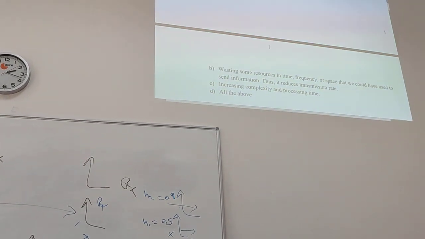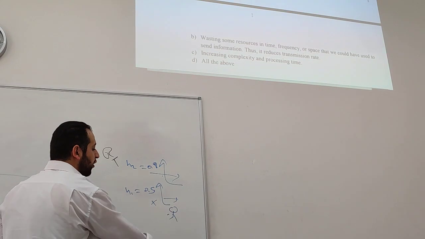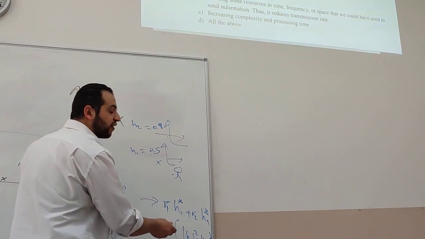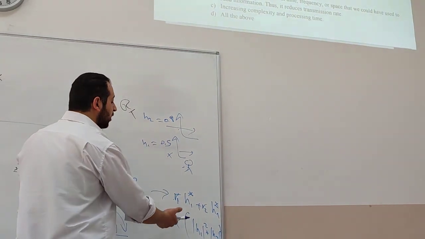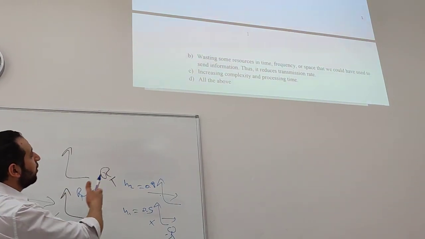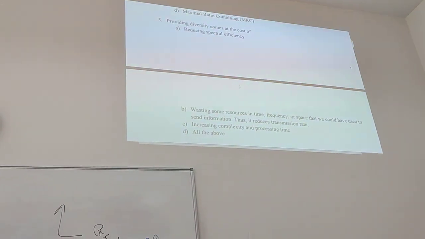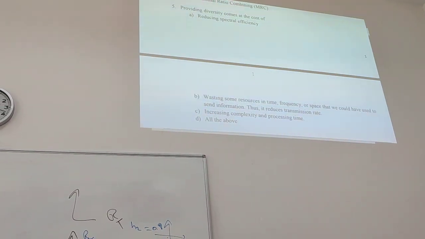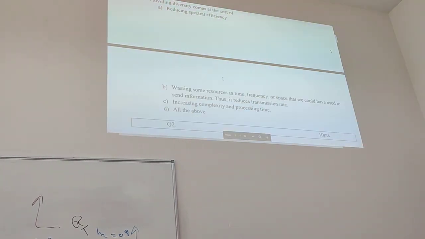Because when you receive the signal and do this processing, it takes time, and it takes power, computational power. So it adds complexity plus processing time, delay. Therefore, the correct answer is all of the above. All of them are really drawbacks of diversity.